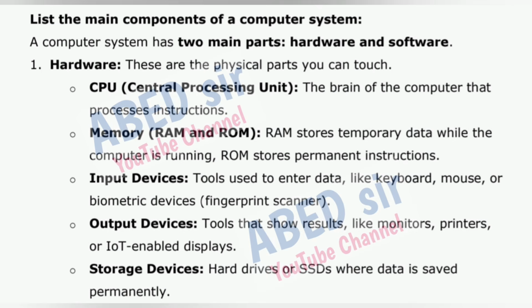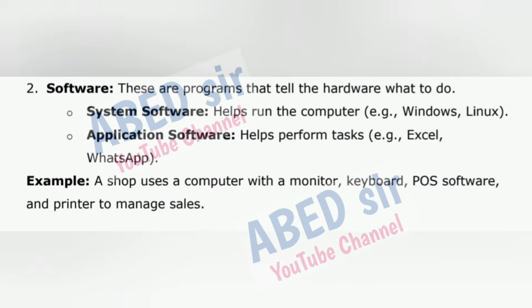Input devices, tools used to enter data, like keyboard, mouse, or biometric devices, fingerprint scanner. Output devices, tools that show results, like monitors, printers, or IoT-enabled displays. Storage devices, hard drives or SSDs where data is saved permanently. 2.